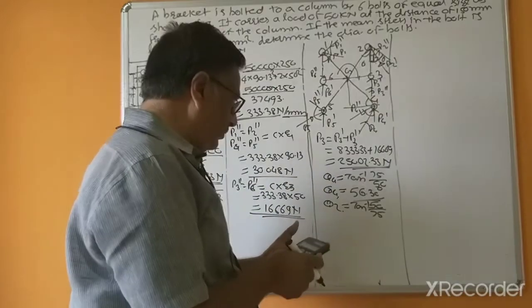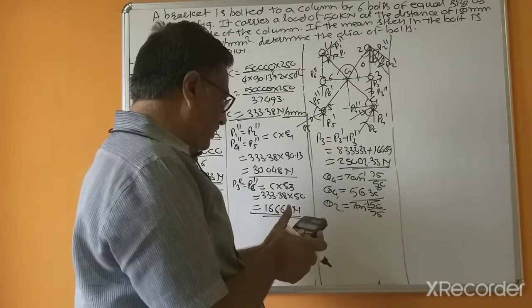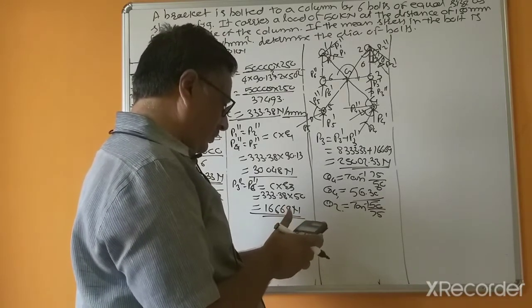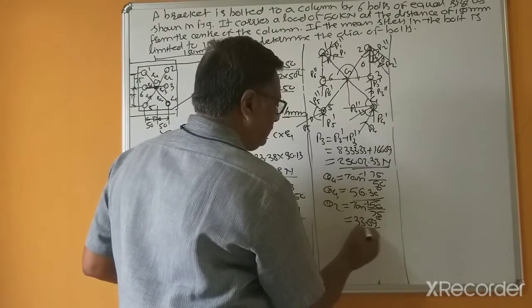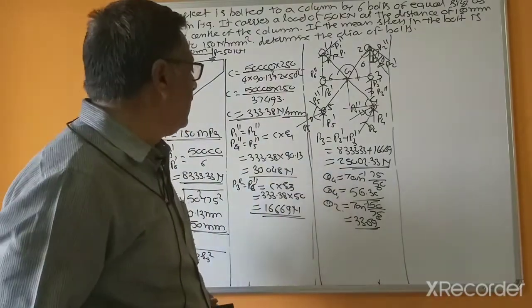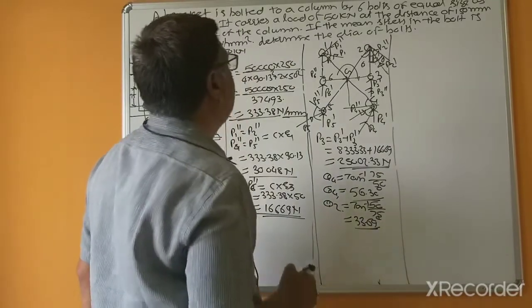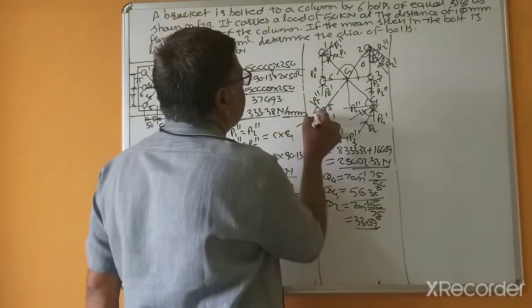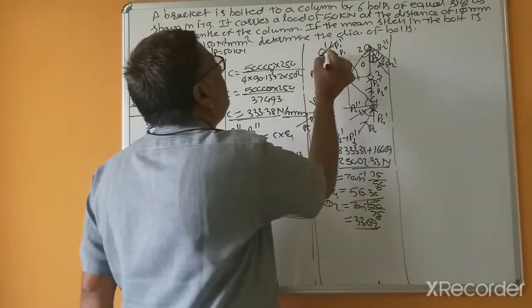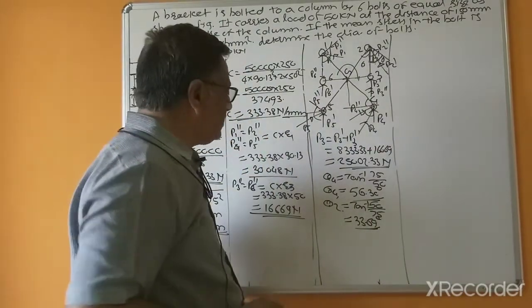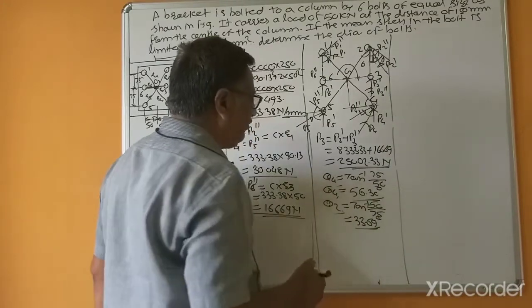So that's why 50 divided by 75, 0.66, this is 33.69. This is clear? Now similarly you can calculate this theta 1, and this is 90 degree, this is 90 plus, so that is increased, so that is not more force, so the only important ones are theta 2 and theta 4.